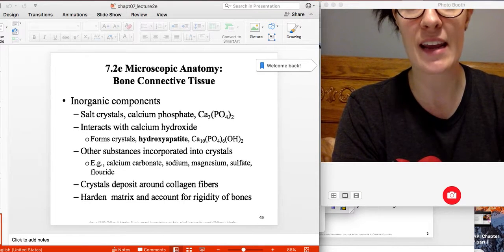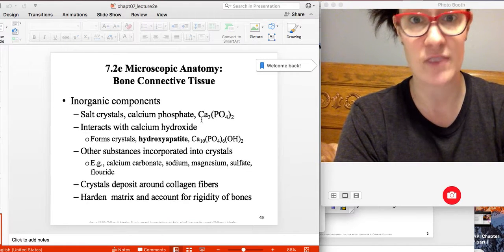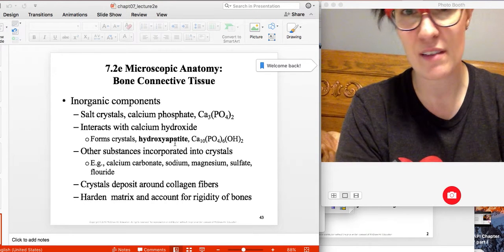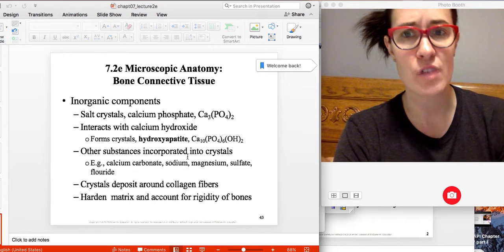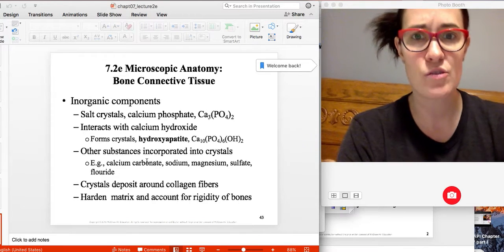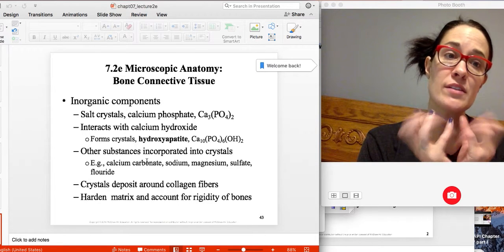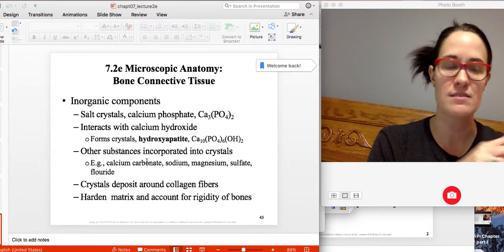The inorganic components are salt crystals, calcium phosphate right there. You don't need to worry about all these things, but they form crystallized structures, calcium carbonate, sodium, magnesium sulfate, or other components. But they're going to be within the collagen. And why do we have these inorganic calcium phosphates?